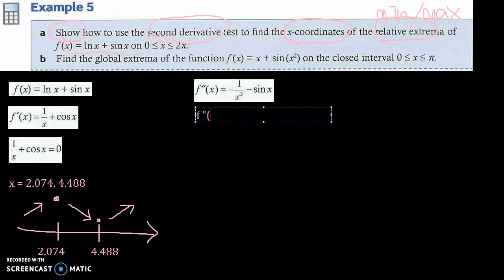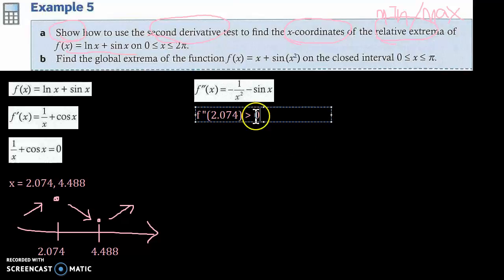If I substitute the value 2.074 and I get something that is positive, the concavity is opening up, it is concave up, which means that it becomes a minimum point.